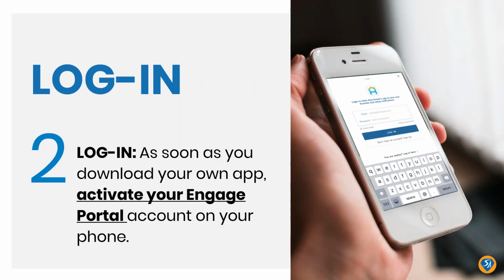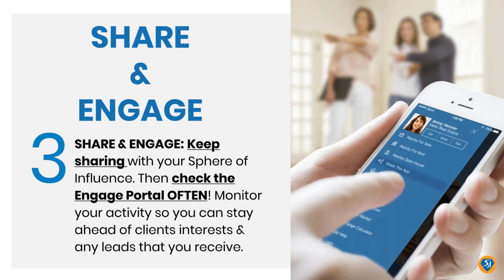Okay, step 2, I think you've all done this based on the training we did last week. If you haven't done it, maybe you grabbed a screenshot today or go back and review last week's. You want to make sure you activate that Engage portal, because that's where Molly talks about a gold mine. It's in the Engage portal where the gold exists.